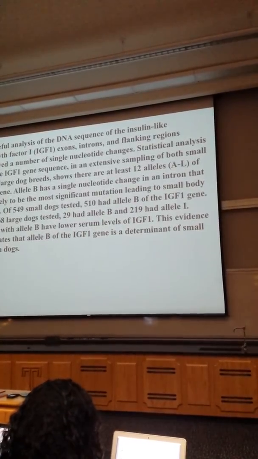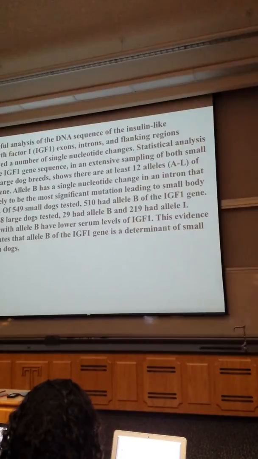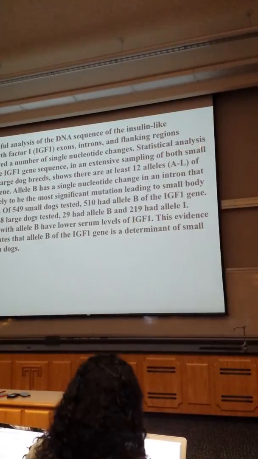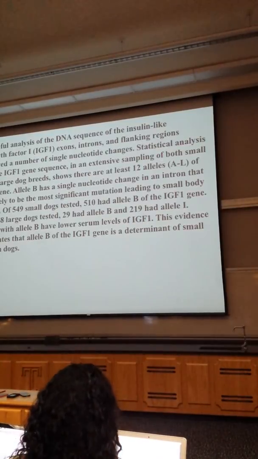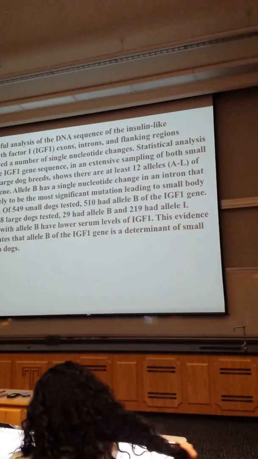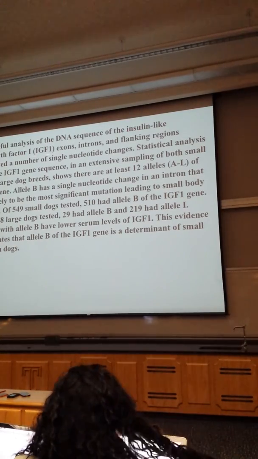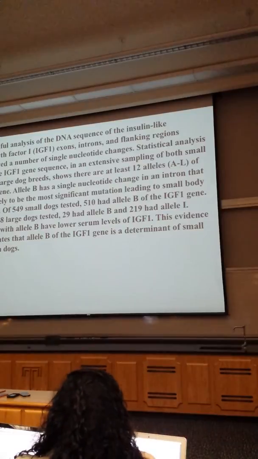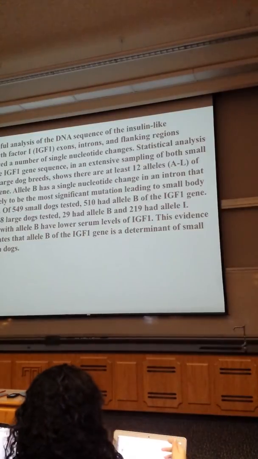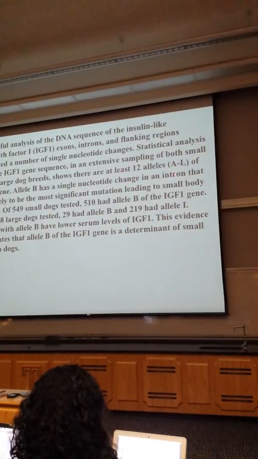And what they found, looking at the insulin-like growth factor 1 gene, looking at the DNA sequence of the exons, the introns, the regions flanking the gene, what they started to do was a statistical analysis of changes in the gene encoding the insulin-like growth factor, and they found that there are at least 12 alleles for the insulin-like growth factor gene.